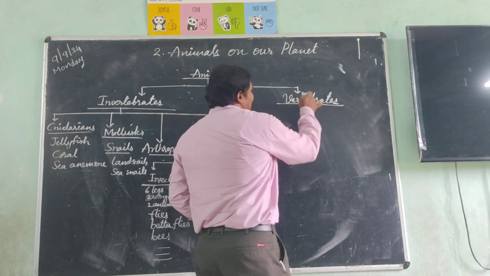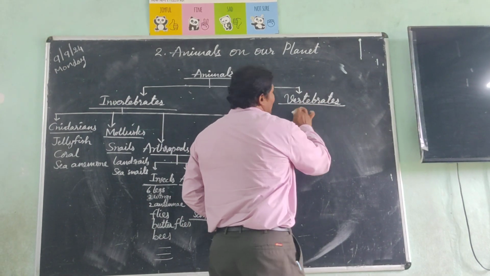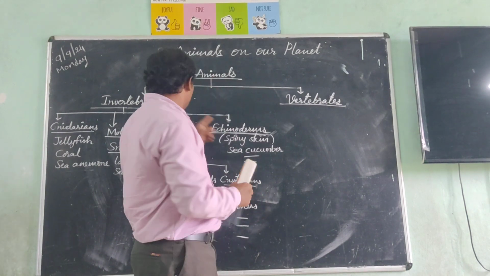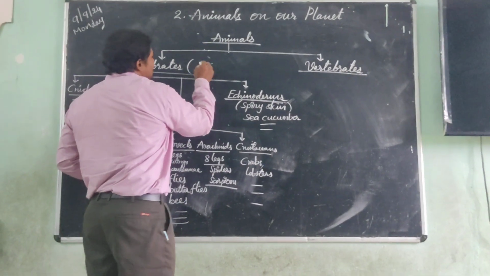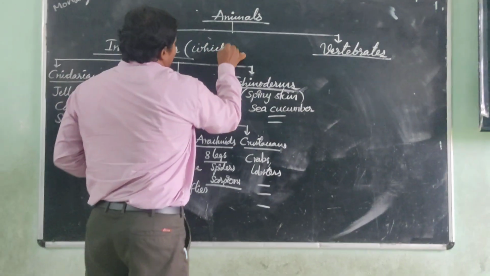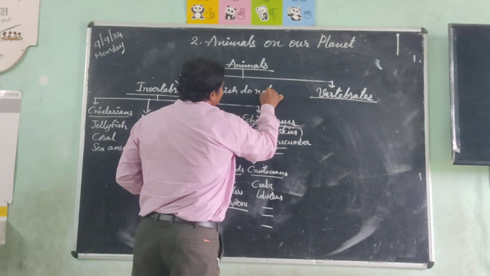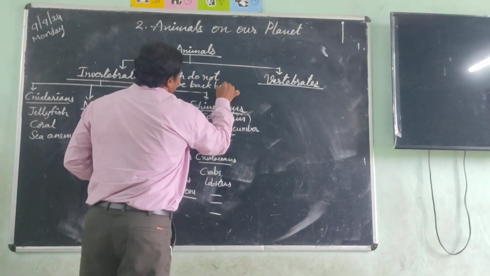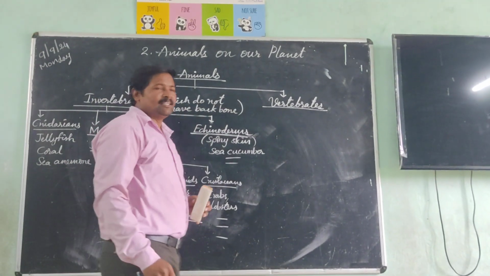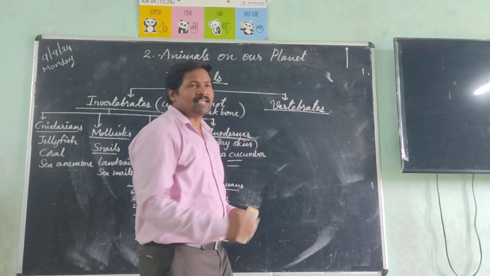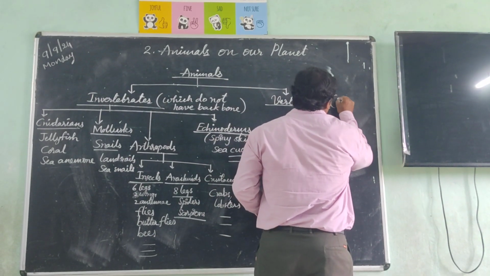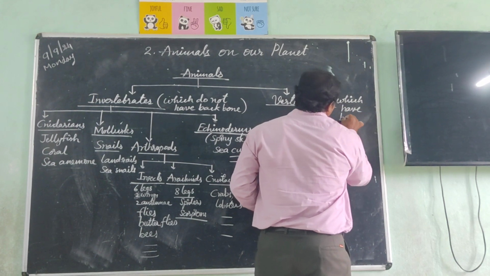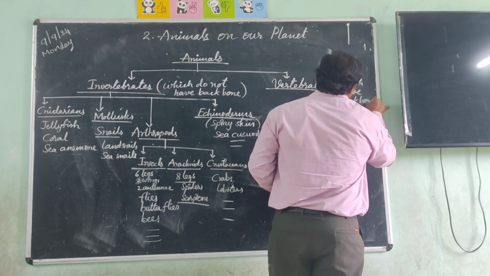The next class of animals, vertebrates. What are vertebrates? You have already studied invertebrates. Invertebrates means animals which do not have a backbone. Here it is the opposite. Vertebrate means animals which have a backbone.